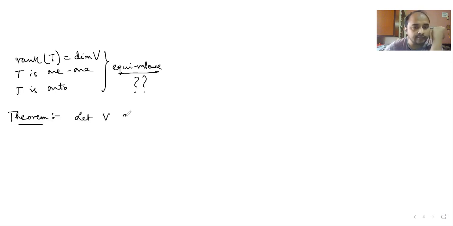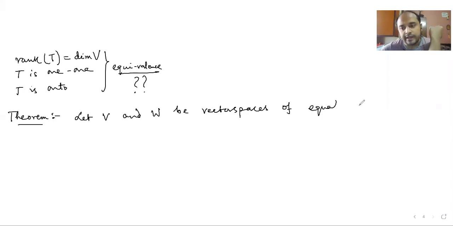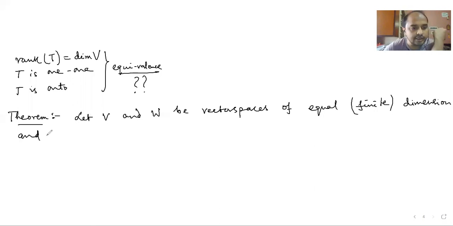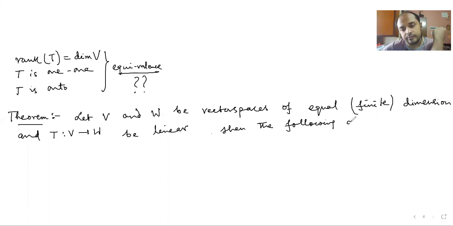Let V and W be vector spaces of equal finite dimension and T from V to W be linear. Then the following are equivalent. Number one, T is 1 to 1.